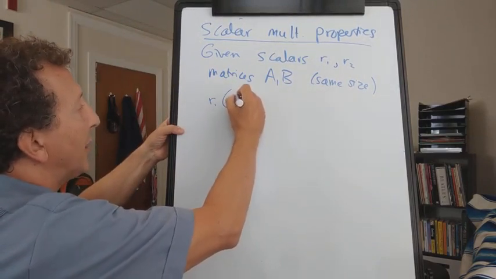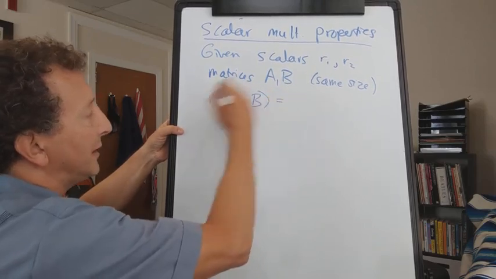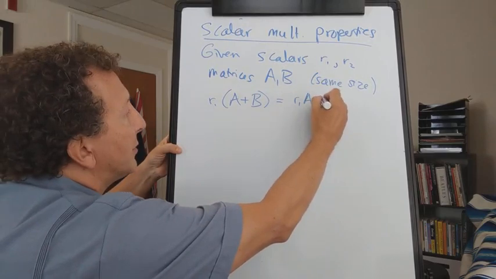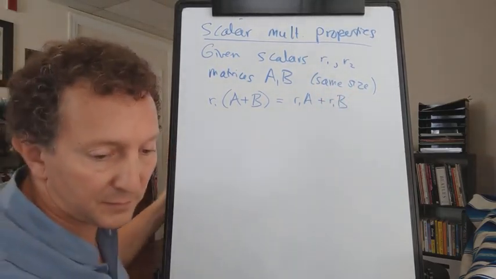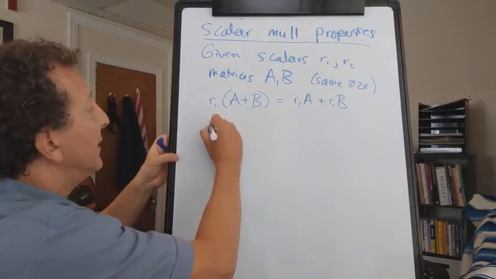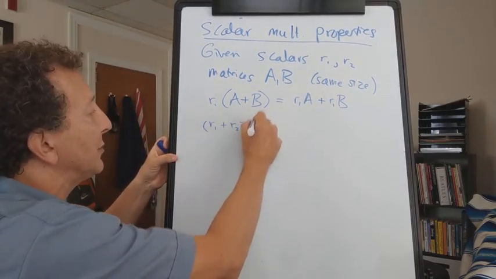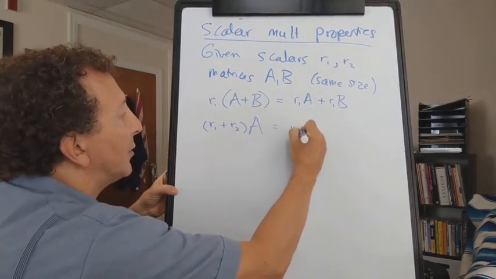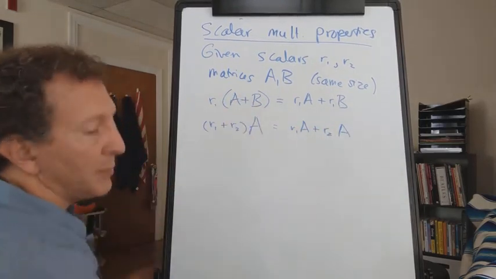And if we multiply R1 by A plus B, then we can distribute just like we can with numbers, and that's R1A plus R1B. If we have R1 plus R2, so a sum of scalars times a matrix A, that turns out to be R1A plus R2A, so we can distribute there too.